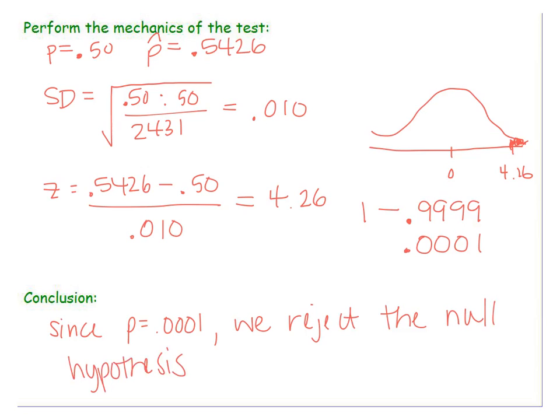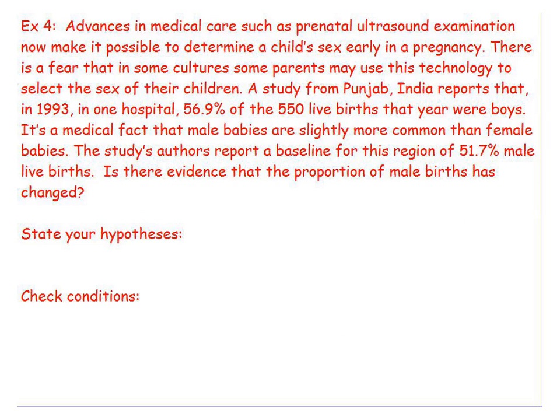Let's look at one last example. Advances in medical care, such as prenatal ultrasound examination, now make it possible to determine a child's sex early in a pregnancy. There is a fear that in some cultures, some parents may use this technology to select the sex of their children.